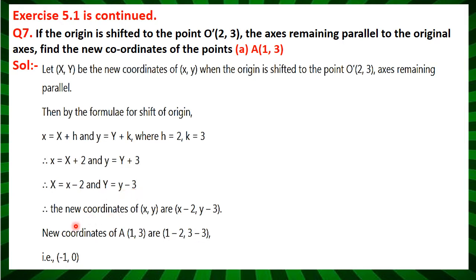Therefore, the new coordinates of (x, y) are (x - 2, y - 3). Therefore, for A (1, 3), in place of x we write 1 and in place of y we write 3. That is 1 - 2, 3 - 3, that is (-1, 0), the coordinates of the point A (1, 3) with respect to the new origin.